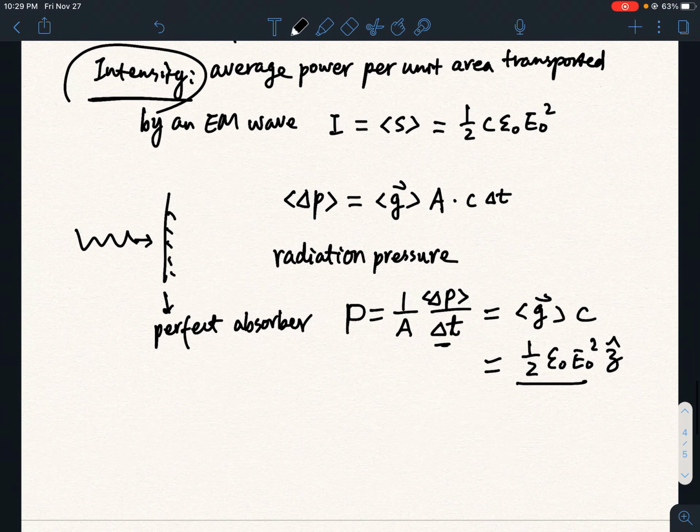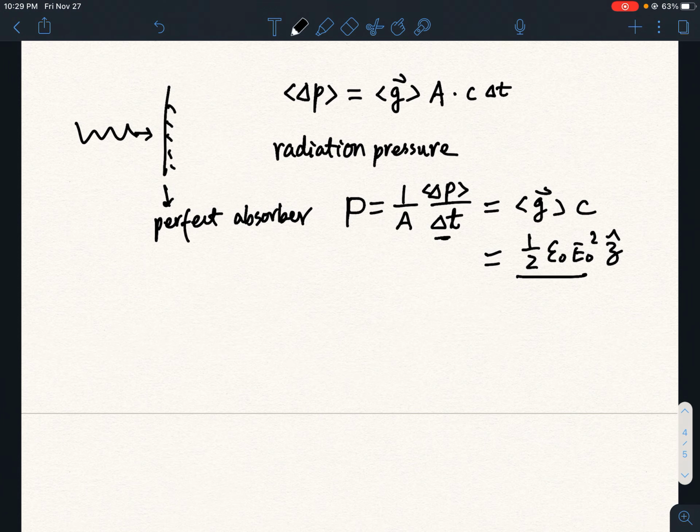So this just introduces these concepts. Here we considered the ideal case, a wave propagating in vacuum, and we talked about monochromatic waves.